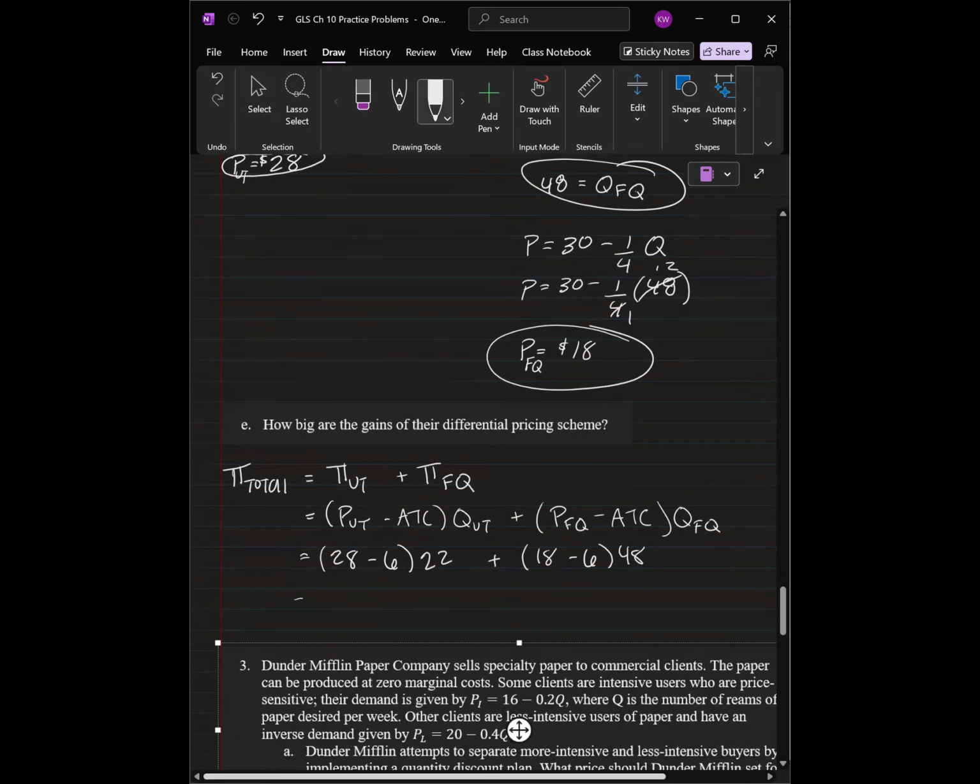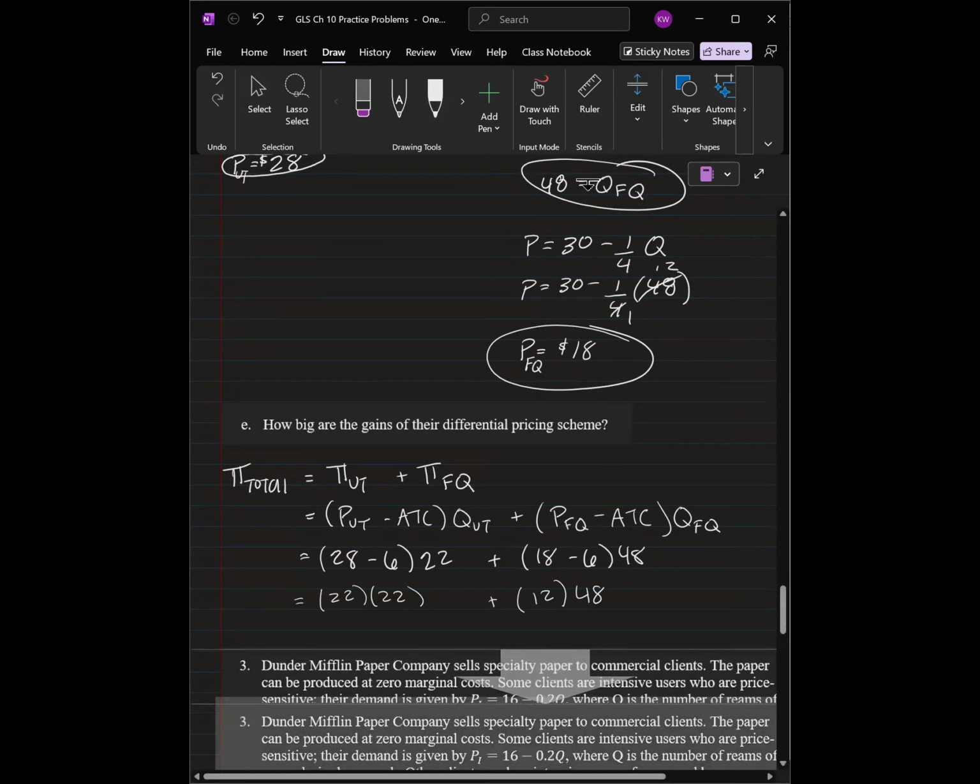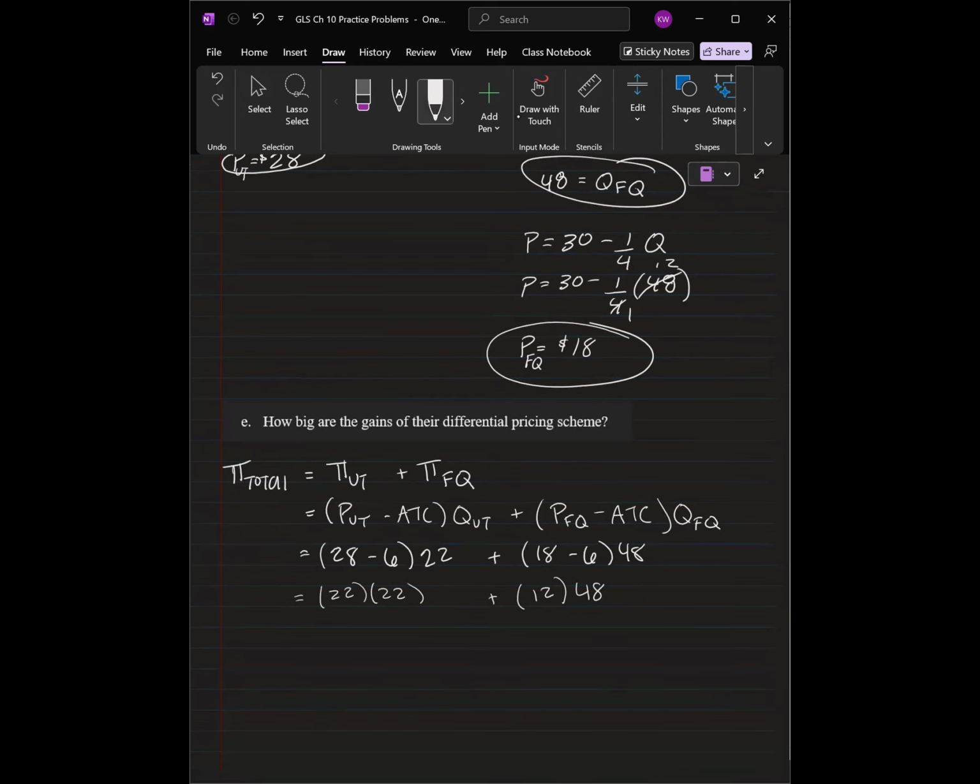All right, simplifying, that's going to get us 22 times 22 plus 12 times 48. All right. 22 times 22 is going to get us 484. And we're going to add to that 12 times 48, which is 576. And so their total profit from price discrimination is going to be $1,060.